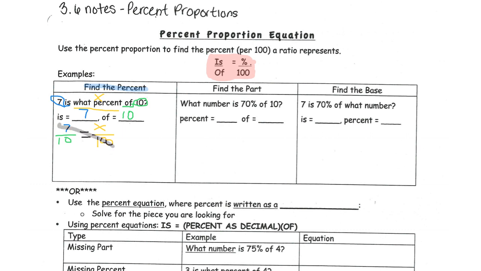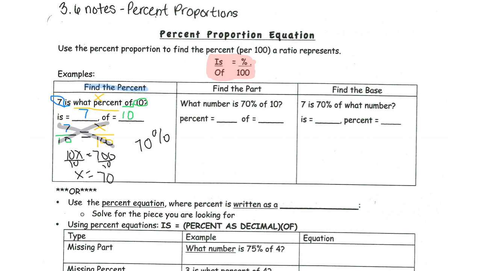So 7 times 100 is 700. 10 times x is 10x. And then we could solve from there. I divide both sides by 10, and x equals 70. Remember, we have to answer our question. So it's 70%. So 7 is 70% of 10.